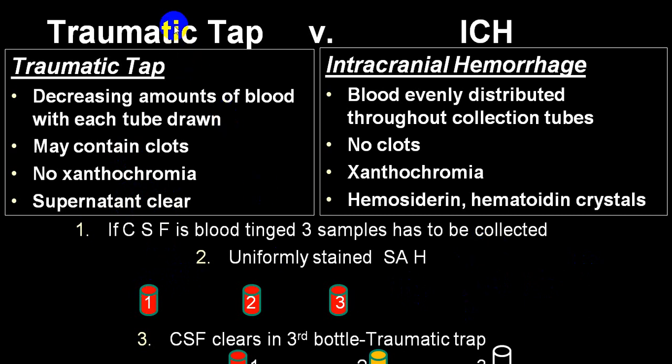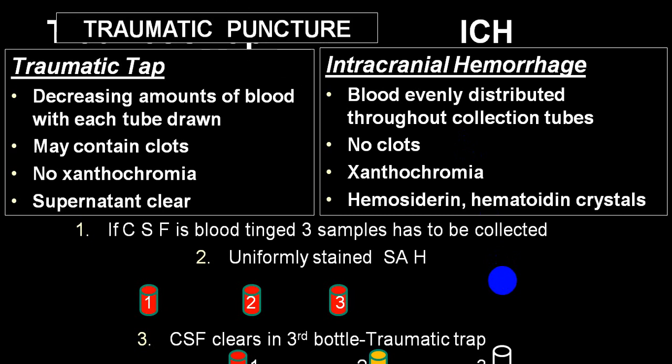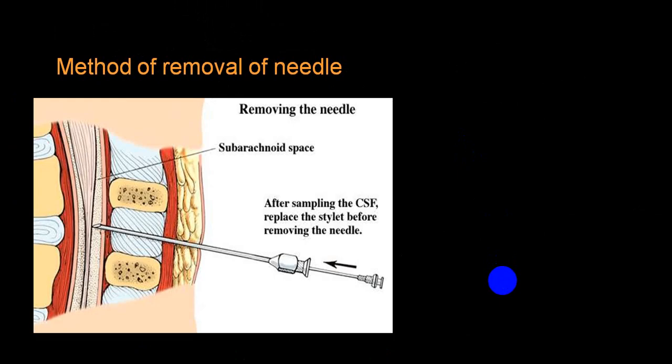Because if it is a traumatic tap, the interpretation will change grossly. You will not be able to identify whether there is an intracranial hemorrhage or not, that is, you will not be able to differentiate subarachnoid hemorrhage or intracranial hemorrhage from a normal person. It will give you a false reading.